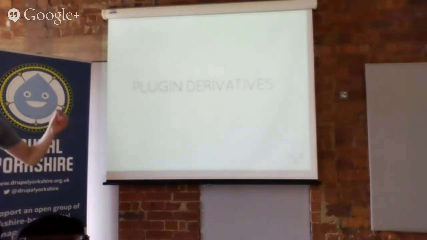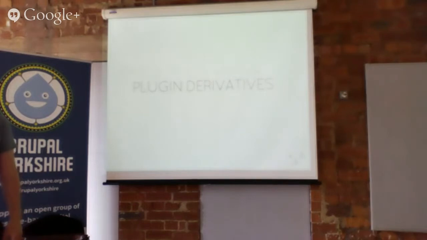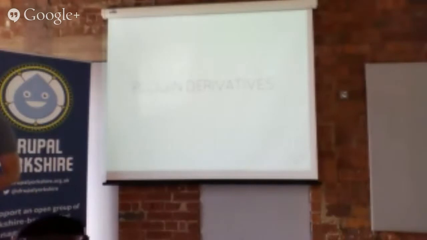Initially, plugin derivatives. Plugin derivatives are quite a complex thing to wrap your head around. The best example, and the one I'm going to use, is the menu block. In Drupal 7, for each menu defined on the site, you have a block that you can place in a particular region.